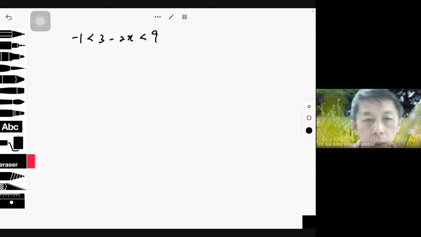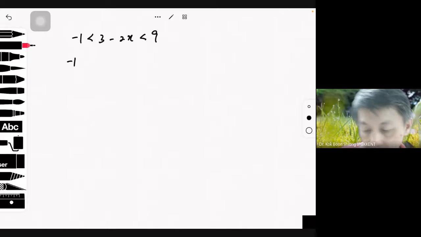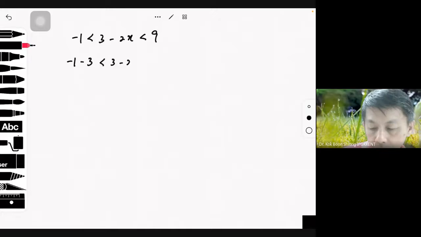So same thing. First step, we have to make the variable become only x, right? So the first step, minus 3 on both sides. So 3 minus 2x minus 3, 9 minus 3. So this is negative 4, smaller than negative 2x, smaller than 6.